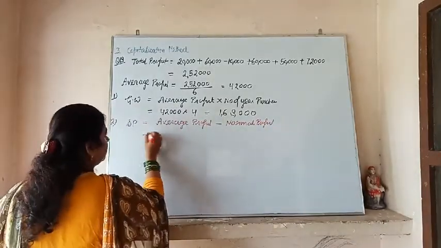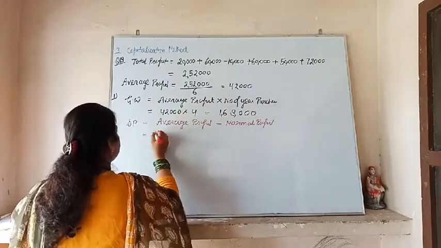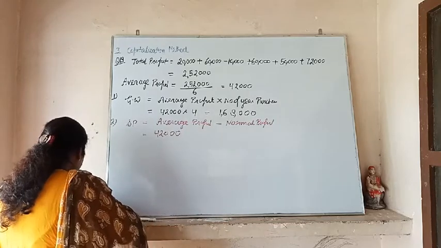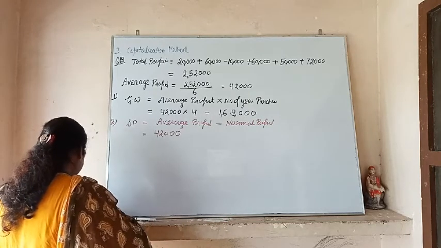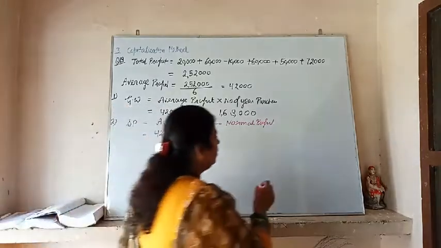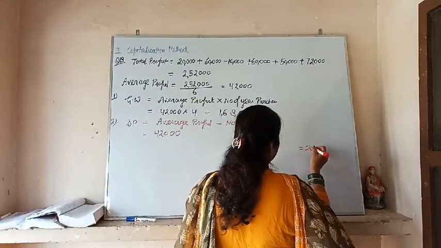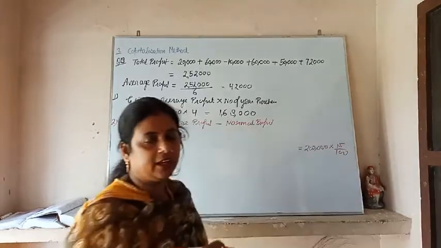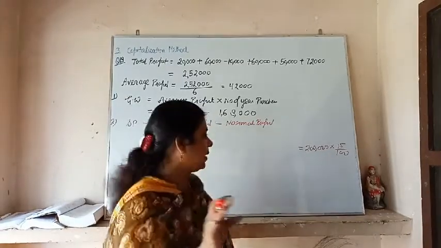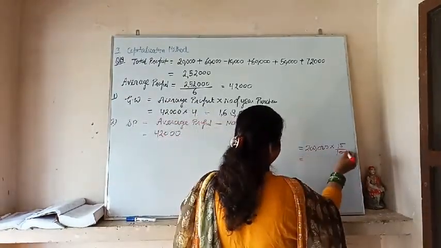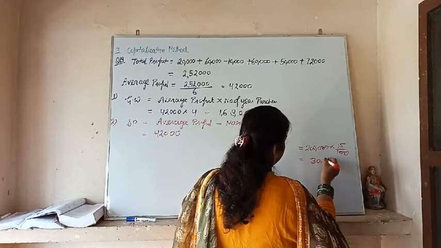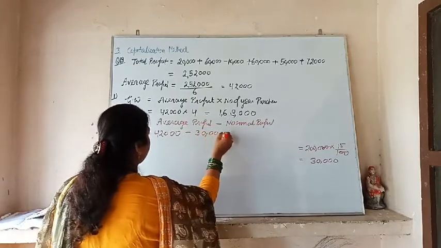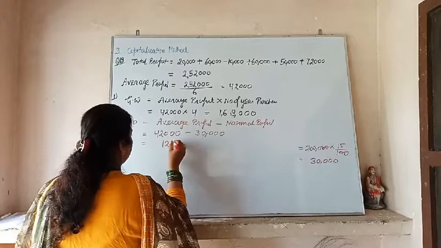Average profit we have already calculated as 42,000, and for normal profit it has told us that the rate of normal profit is 15%, and capital is given as 2 lakh. Then normal profit is equal to capital employed into rate of return divided by 100, that is 2 lakh into 15 upon 100. The same formula has been utilized. It will be 30,000. Then we will deduct this 30,000 from average profit. How much does it come? 12,000.